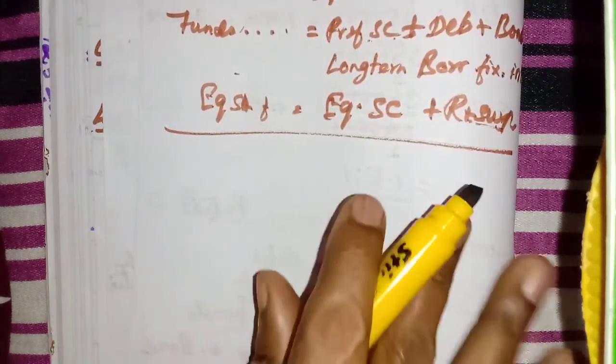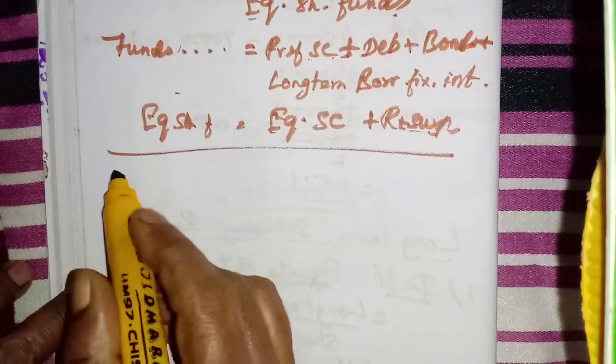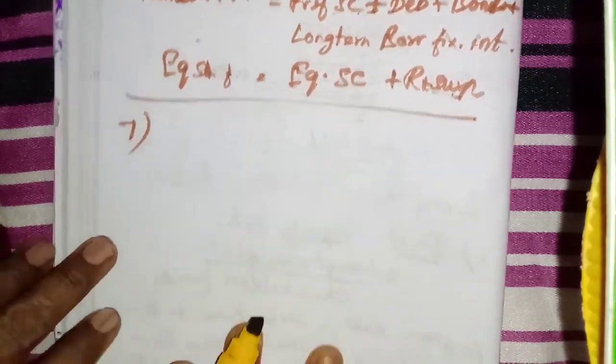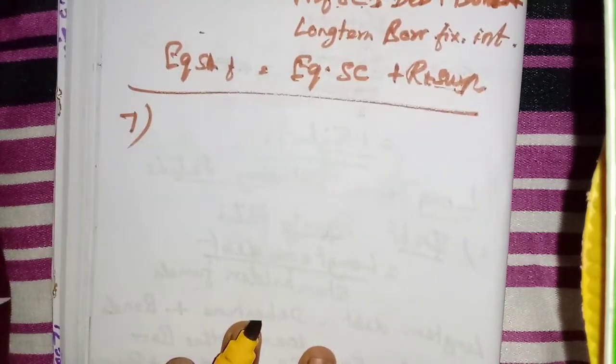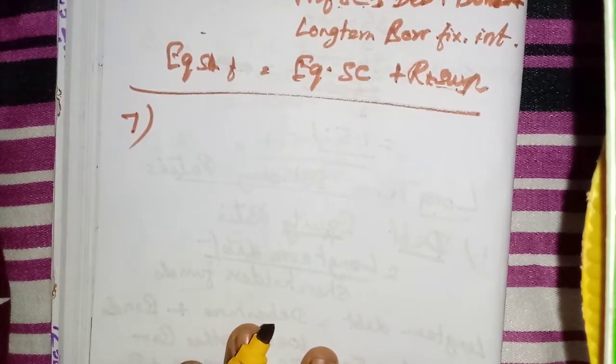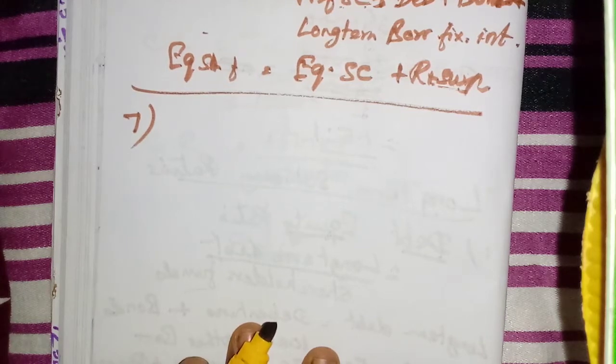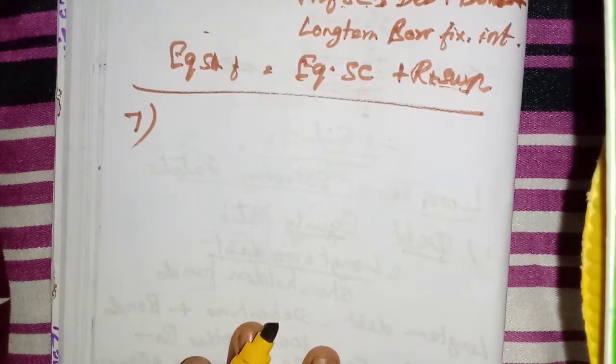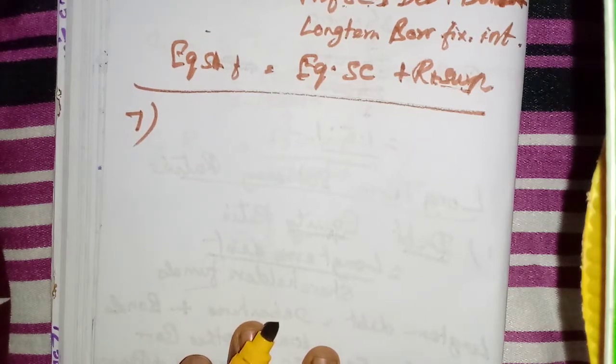In the seventh problem they have asked everything together, so we will do that one. From the following balance sheet of James Limited, on page number 322, as on 31 March 2019, calculate debt equity ratio, proprietary ratio and capital gearing ratio.